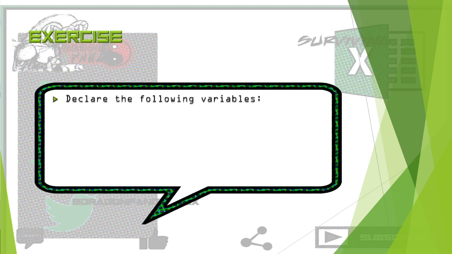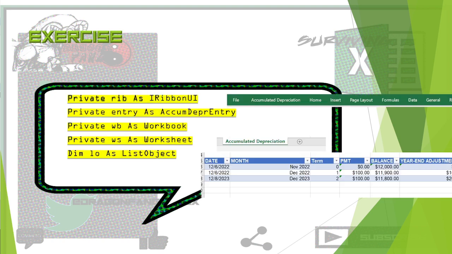Now we're going to declare a couple variables. So you have what's called a ribbon. I basically called it rib. This is going to be an IRibbonUI. So that's going to be the ribbon that's on your Excel. You now will also need a reference to the accumulated depreciation entry type. So the one that you just created is going to be called entry. You're going to have a reference to your workbook.